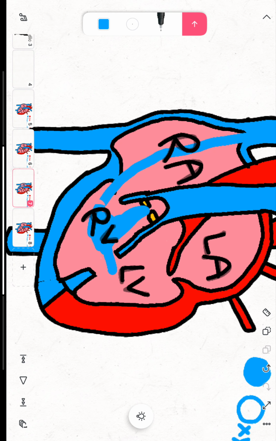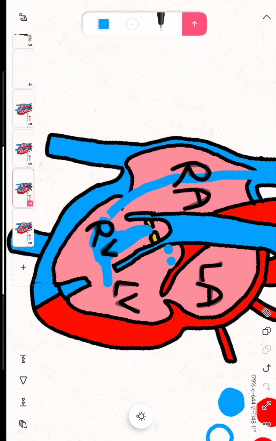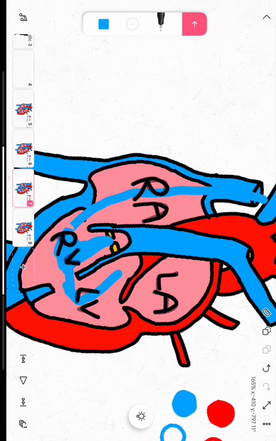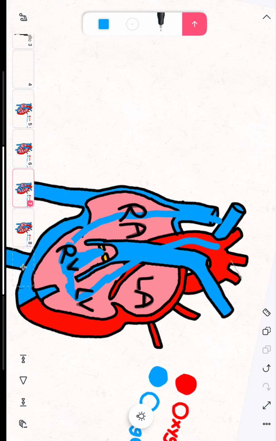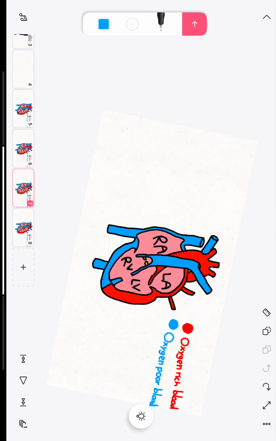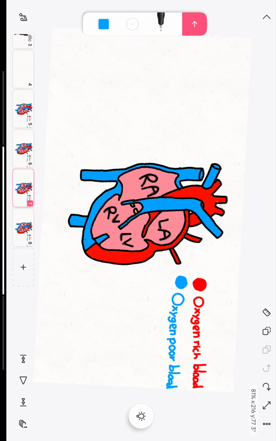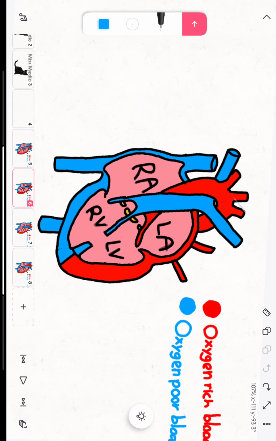But since the closing of the aorta is missing, it will choose to go to the more welcomed place, the aorta, which, because it's oxygen-poor blood, will make the body lose oxygen, which is not very healthy. Let me explain more at this part.